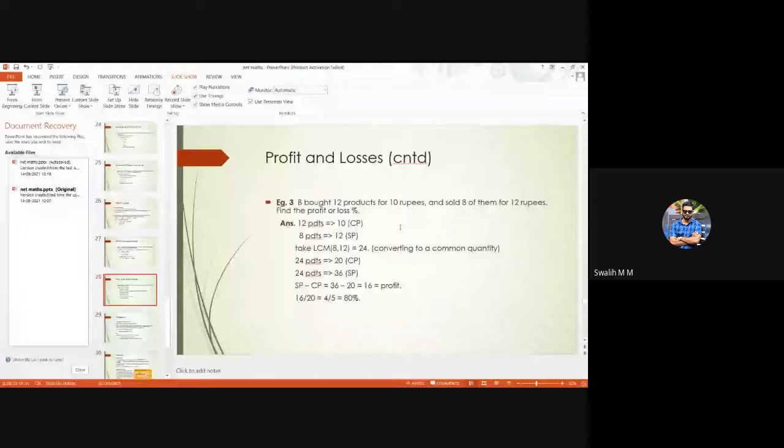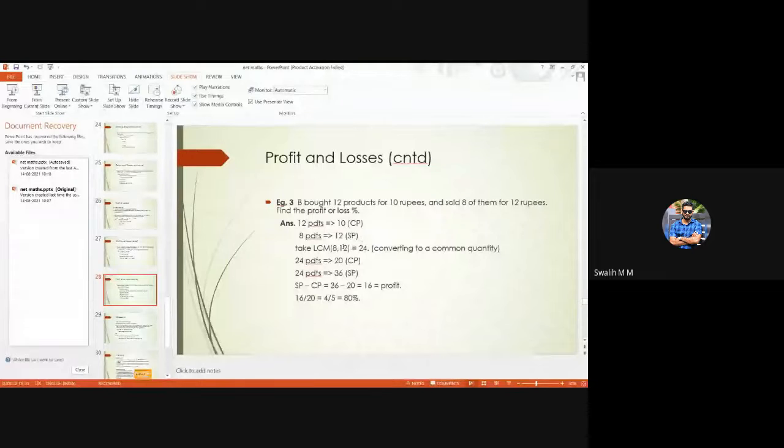So what we can do here is, if only profit and loss percentage and not the profit value is given, you can take the LCM of both the numbers, 12 and 8, and convert it into a common number. 12 products cost price is 10, 8 products selling price is 12. So taking both 8 and 12, you can convert both in terms of 24 products.